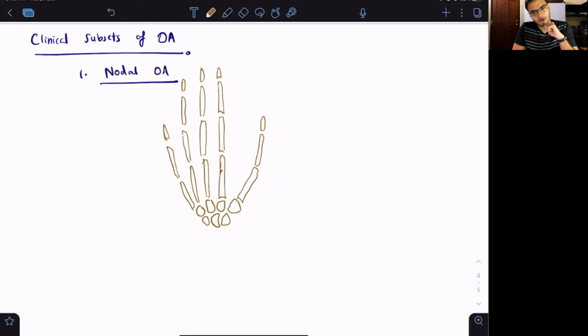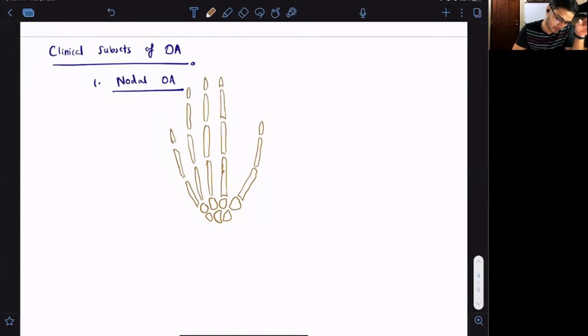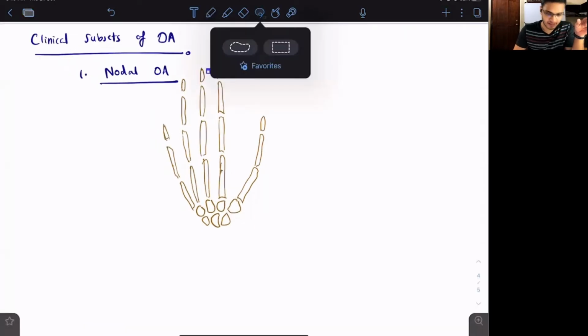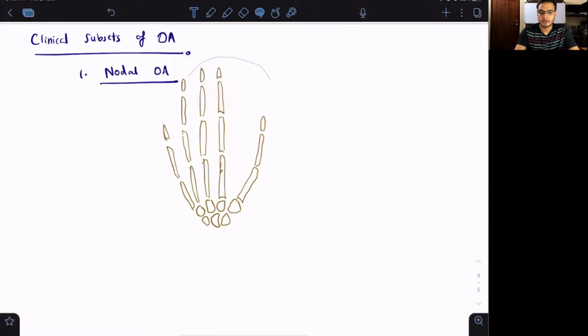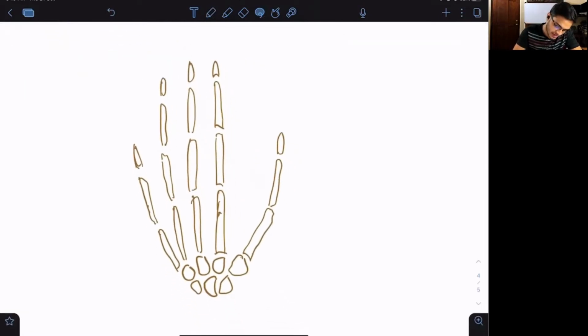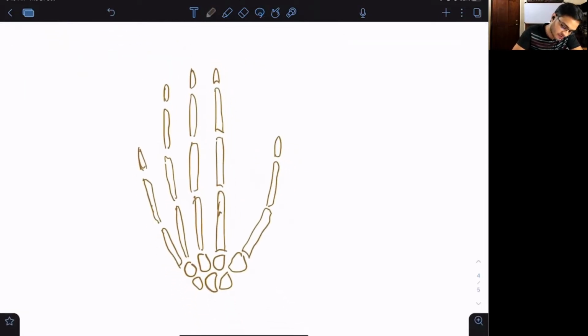Now, look at this. What I want you all to know is that in this nodal osteoarthritis, there are some characteristic findings. The first thing: these nodes can affect some of these joints.